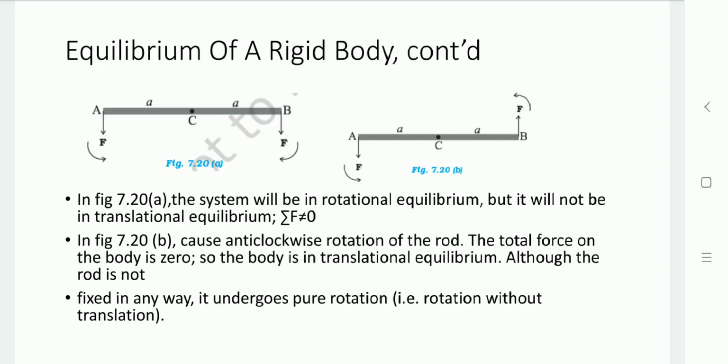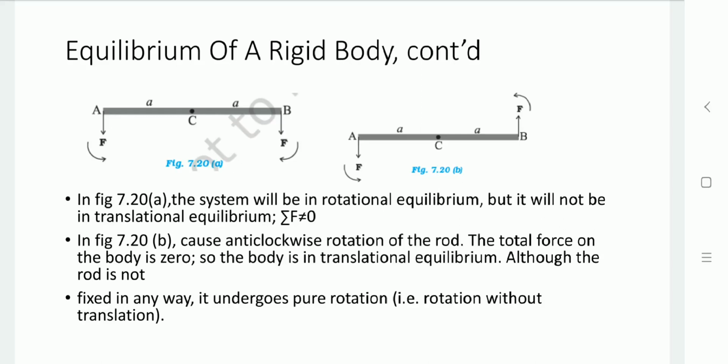In diagram B, we can say that at point A, the force is available in the downward direction, and at point B, the force is available in the upward direction. So their equivalent total force acting on the rod is 0. So translational equilibrium is available.